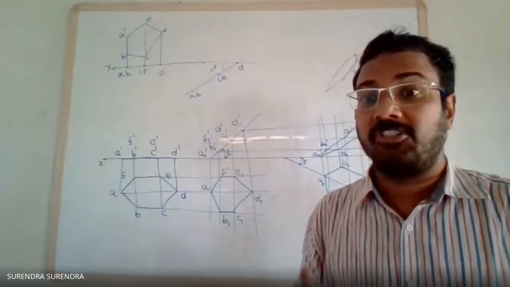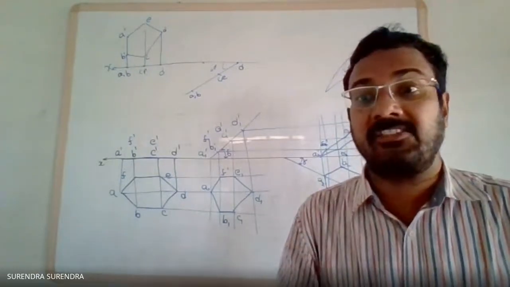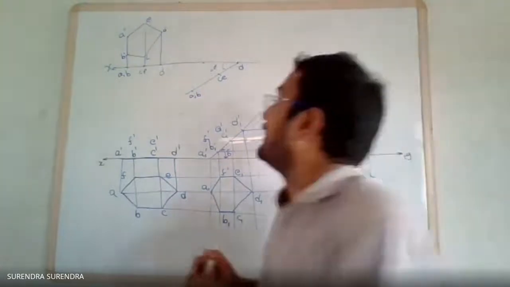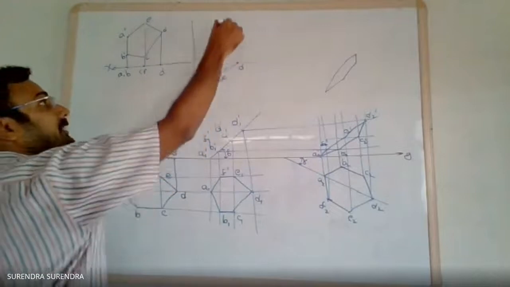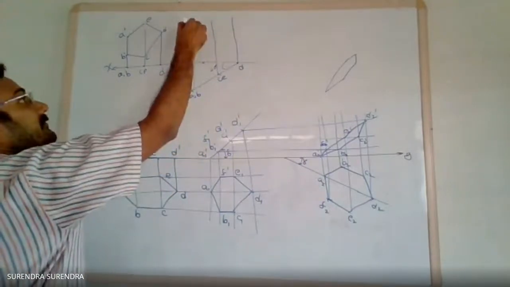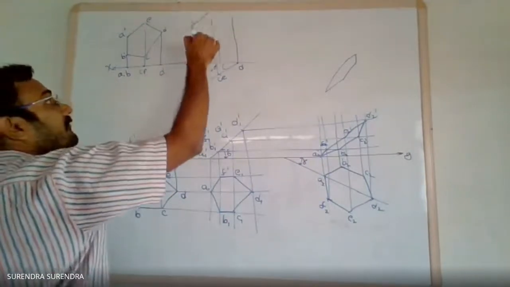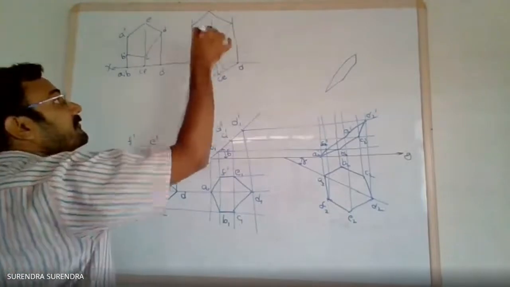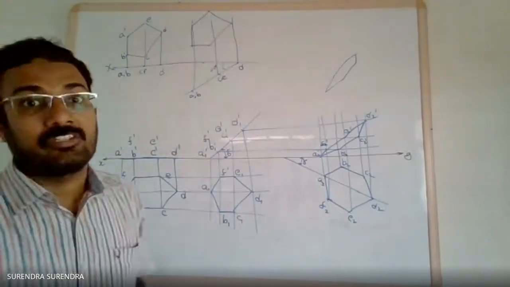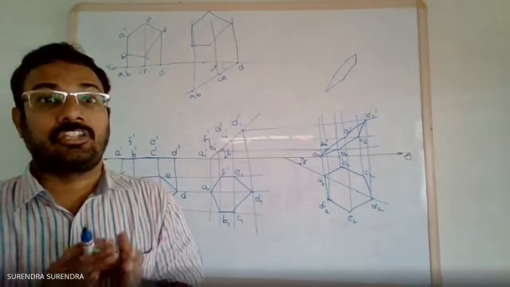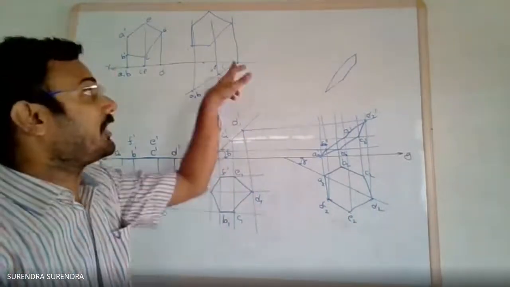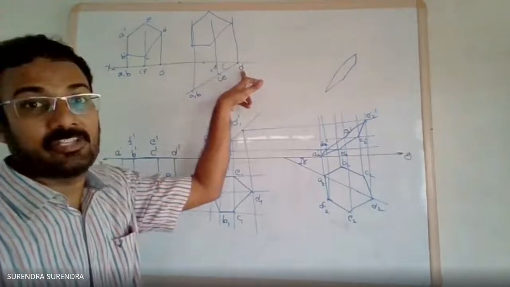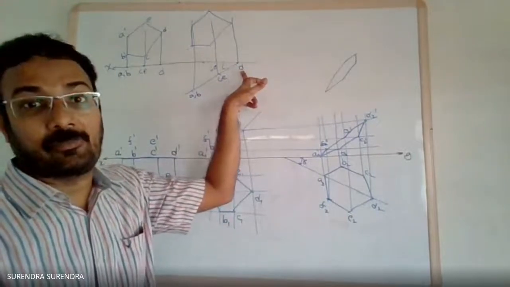the edge opposite to the corner on VP makes an angle of 50 degrees to the HP. So you draw just a rough sketch, but you complete it. So we get the pentagon. Now the pentagon is resting on a corner D. Point D is on the XY line in the top view, which means point D is on the vertical plane.